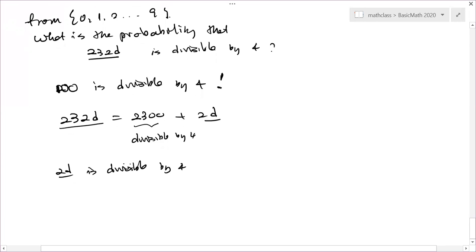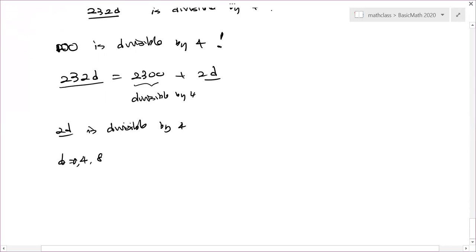Now 20-something divisible by 4. There are not many choices. D could be 4, right? Then 8. And D also could be 0, because 20 is divisible by 4.